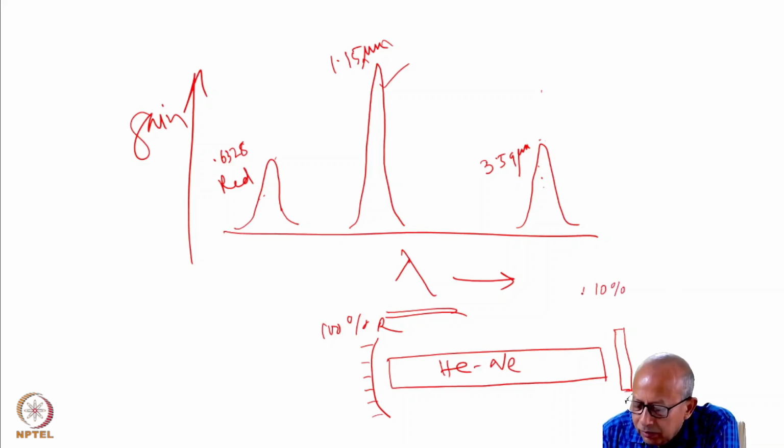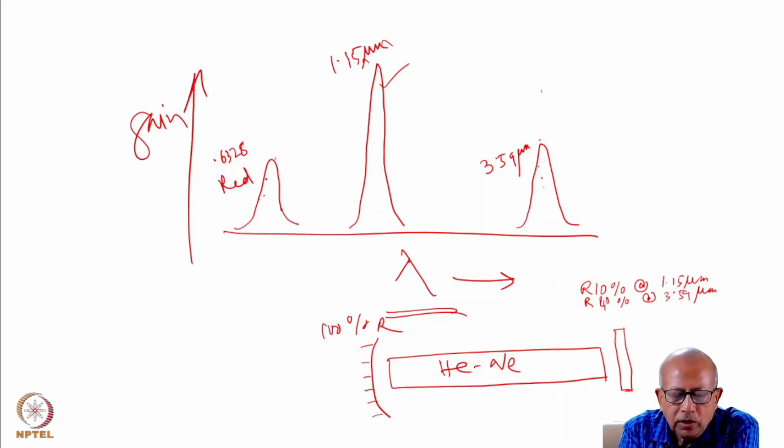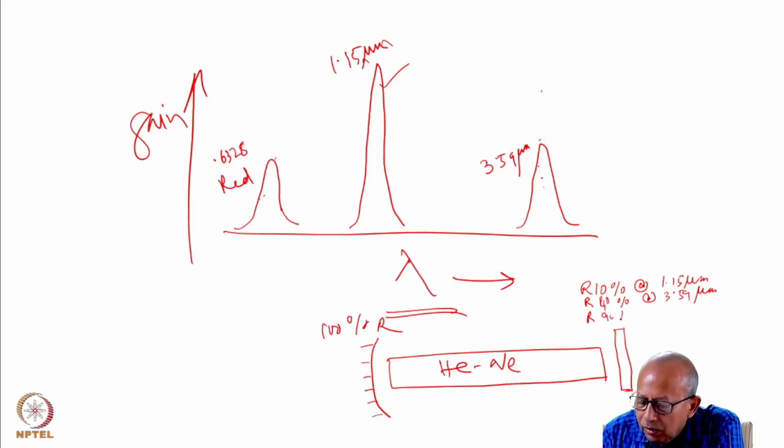10% reflection at 1.15 micron. And suppose for the transition at 3.59 micron, it offers a reflectivity of say 40%. And for the transition with the lowest gain, it offers much higher reflectivity, say 90%.